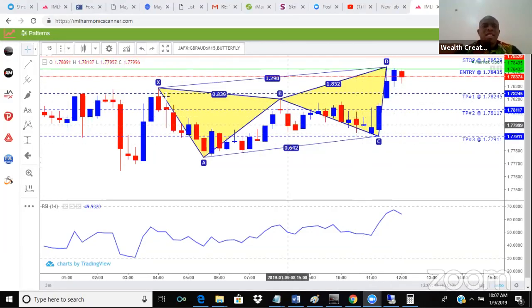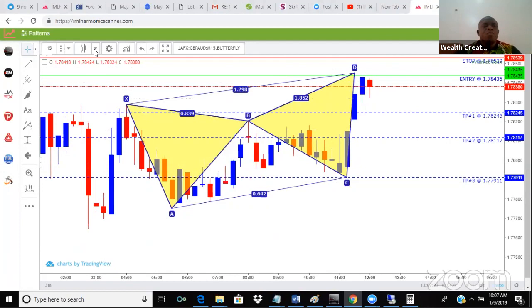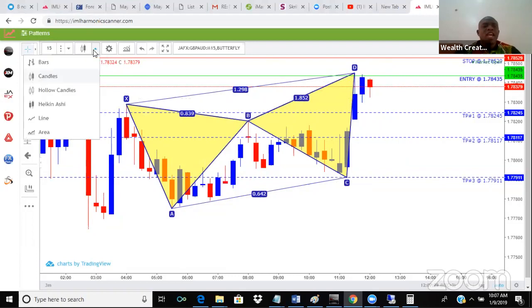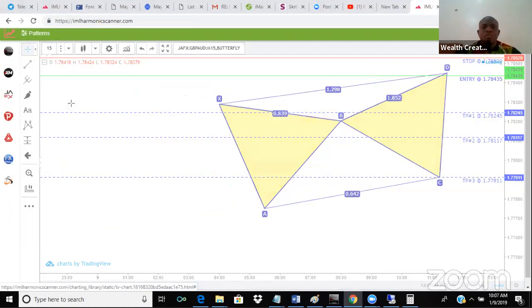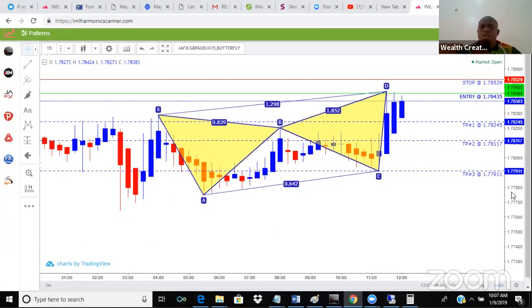According to the settings, the first thing I'm going to do is remove my RSI. Then I will go to the candles, and on the candles, I will change it to Heikin-Ashi candle. What does the Heikin-Ashi candle do for us?